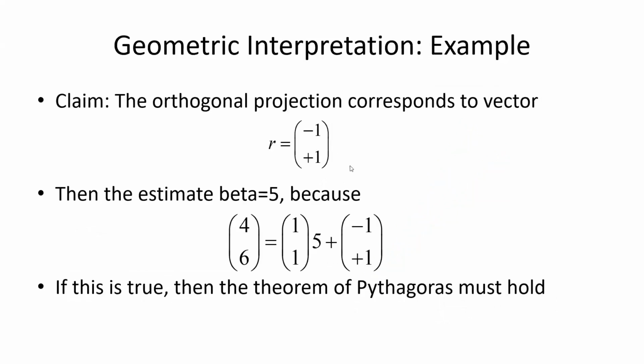We have proposed the residual is minus 1 and plus 1. And when we know the residual, beta must be 5 here to make this work, because the equation has to hold: 4 equals 5 minus 1, and 6 equals 5 plus 1. But now let's see whether we have the right angle. And so we're doing Pythagoras.